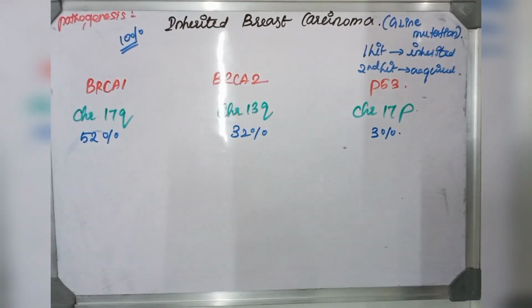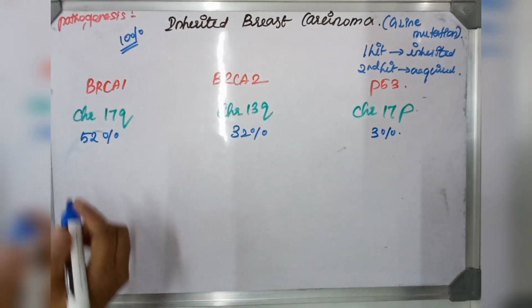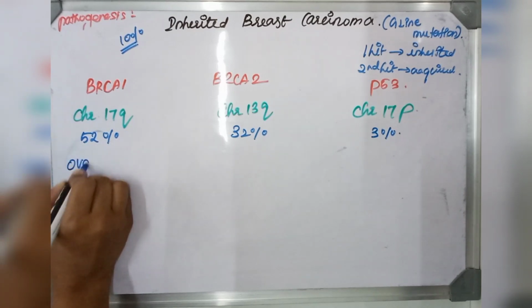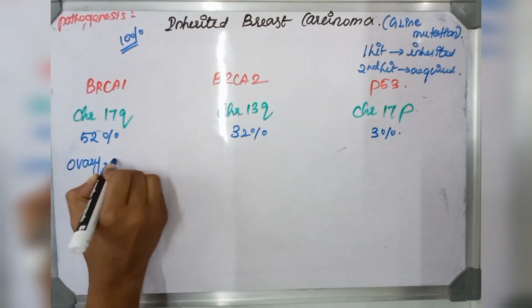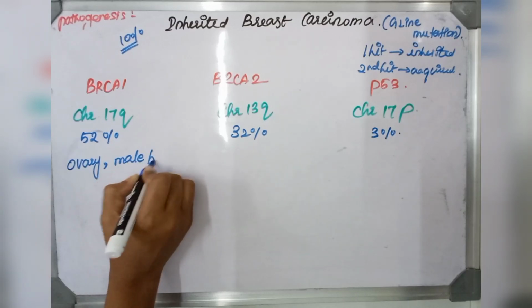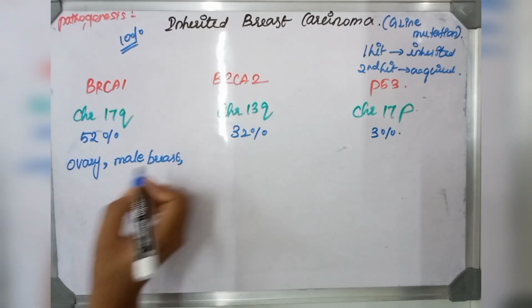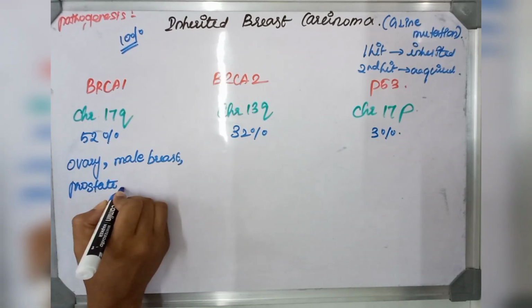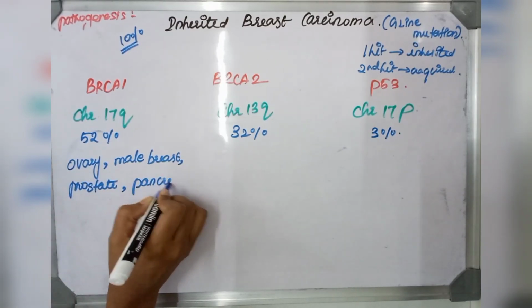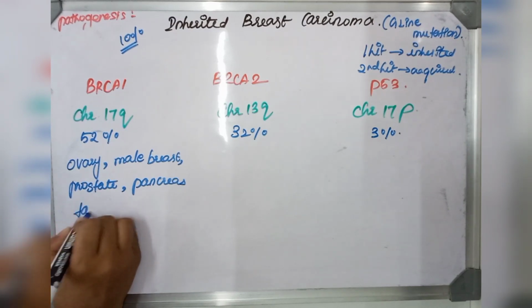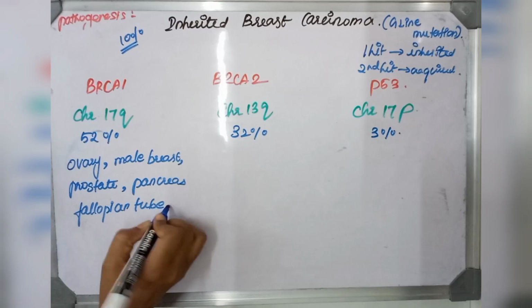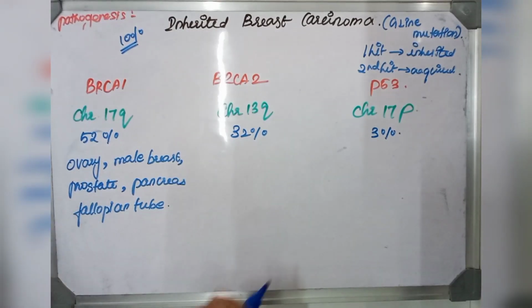So what are the other associated carcinomas that are going to occur? Where are they associated? First, the other associations include ovary, male breast, prostate, pancreas, fallopian tube. These are other associated structures.